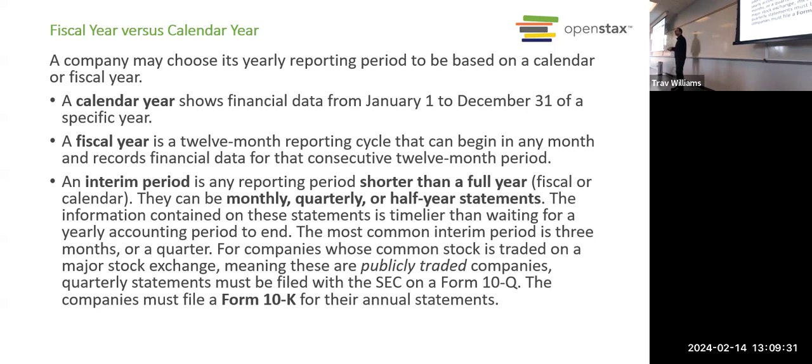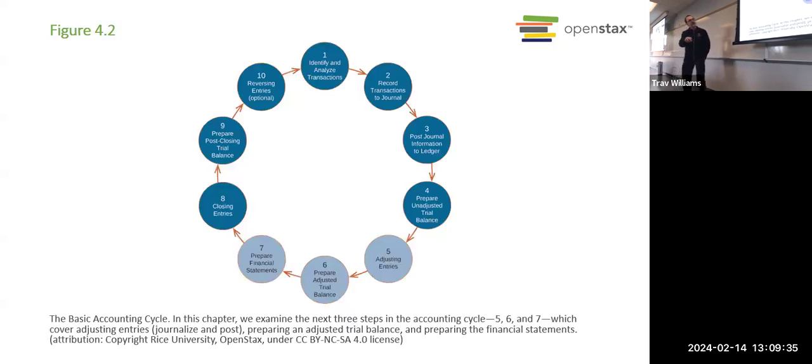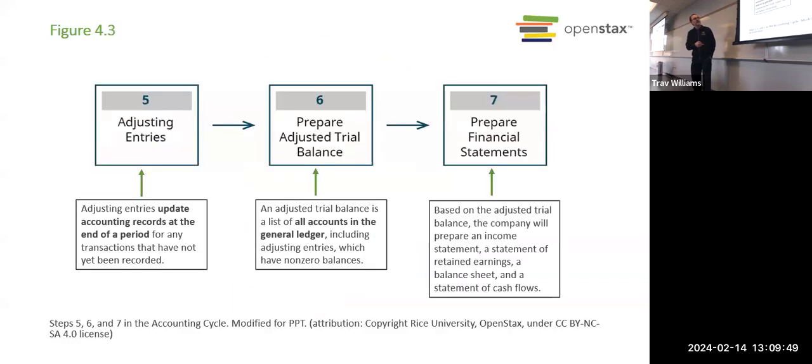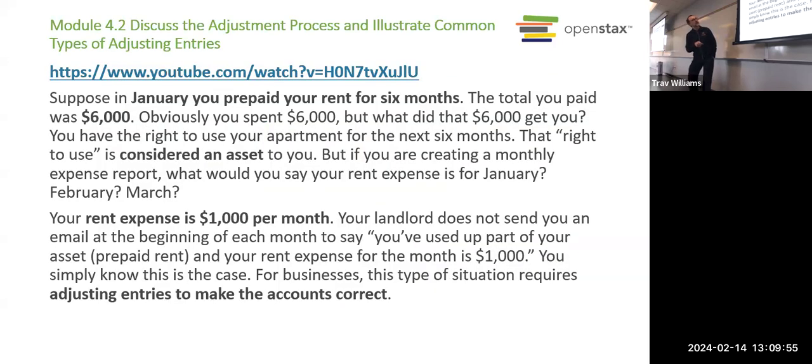Then you would make your adjusted trial balance, and you could then make your financial statements, right? And that is these 3 steps of the accounting cycle: adjusting entries, adjusted trial balance, financial statements. And then after that, you just basically close out the books at the end of the year. That is the end of the cycle. So we're really just focusing on these 3 steps in the accounting cycle.